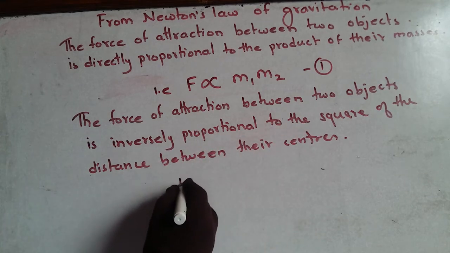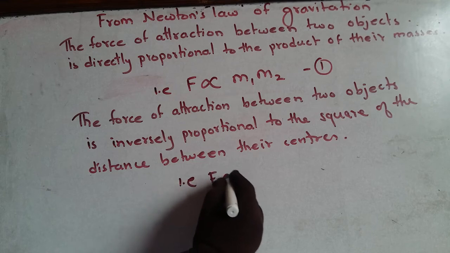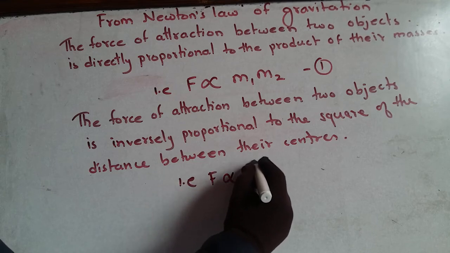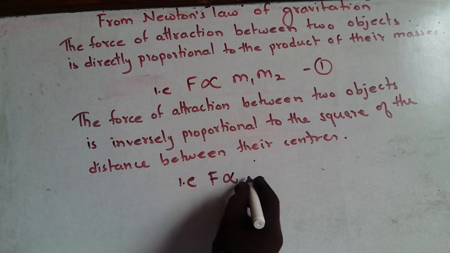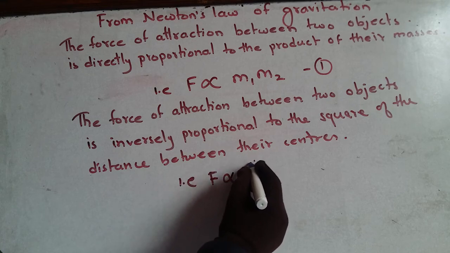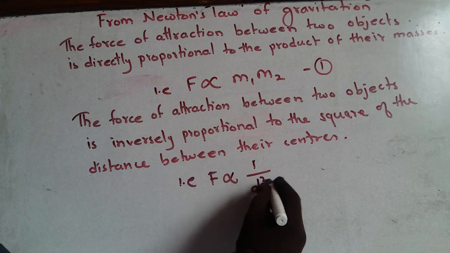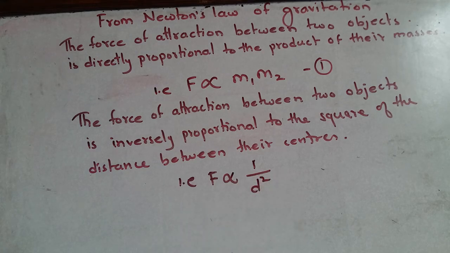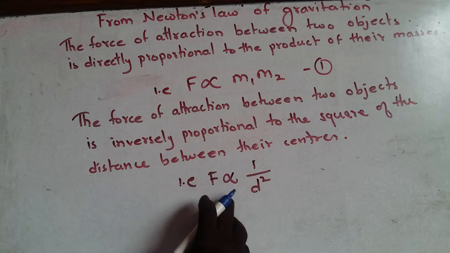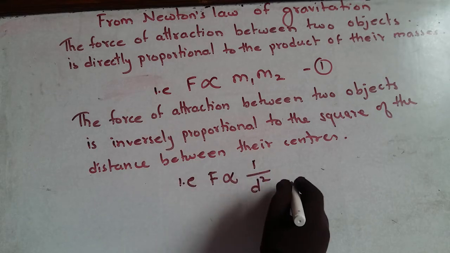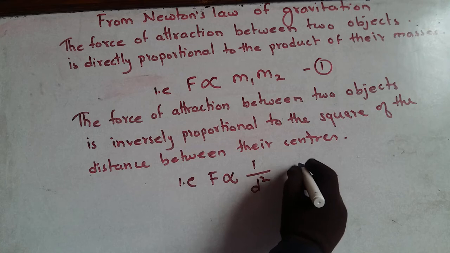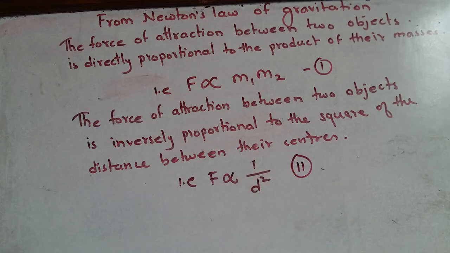In mathematical form, when we say inversely, we write 1 upon it, so force of attraction is proportional to 1 upon the square of the distance between their centers. This is equation number 2.